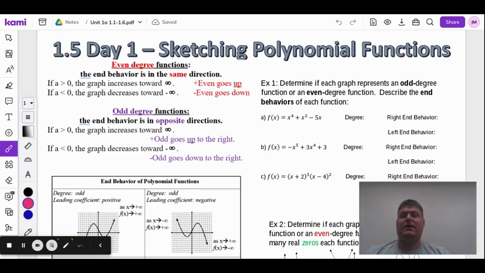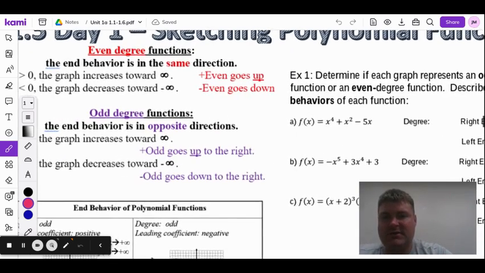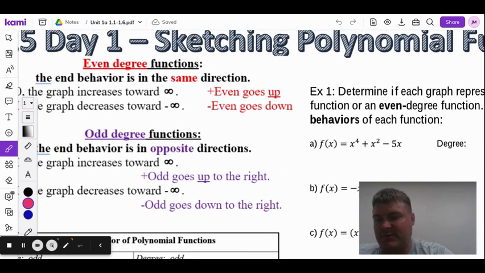All right, let's talk about even degree functions, which is not the same thing as even functions. Even degree functions can be different from even functions. So even degree functions have end behavior in the same direction. Our most popular even degree function, and I'll draw it for us, is our good old friend the parabola.